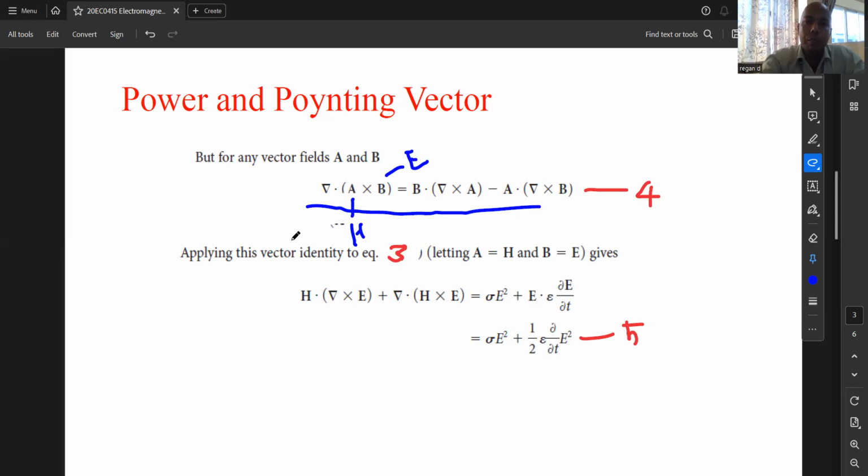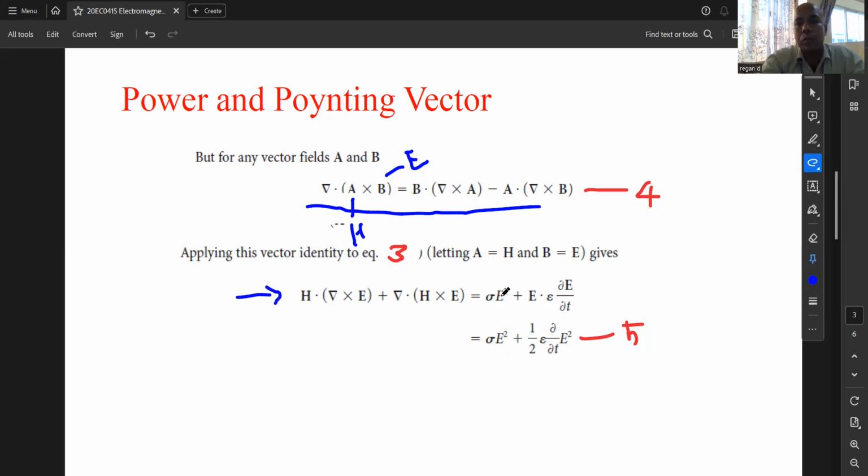So now we can rewrite equation 3. H dot del cross E plus del dot H cross E is equal to sigma E square plus E dot epsilon dou E divided by dou T. After applying the vector identity, I just rearrange equation 3, and from that I got this equation.